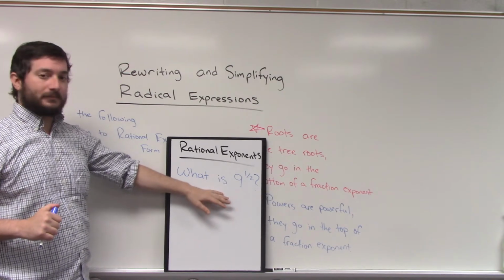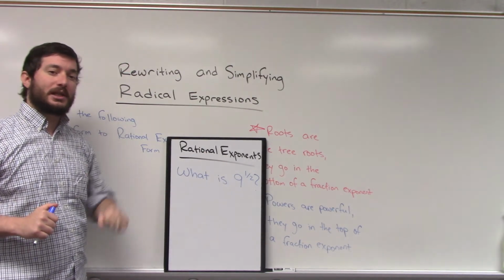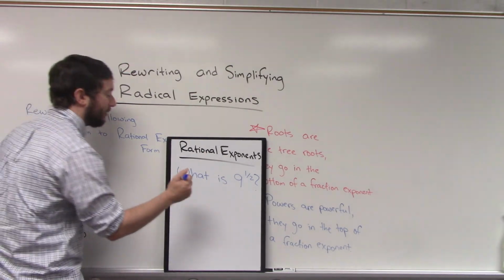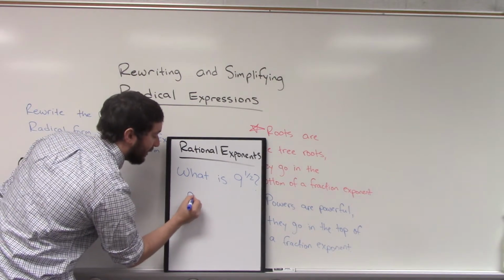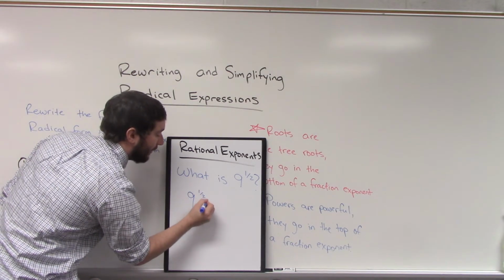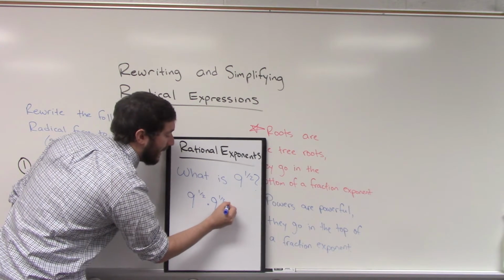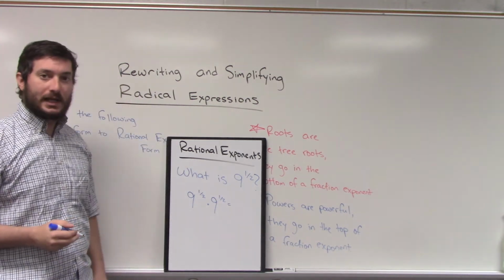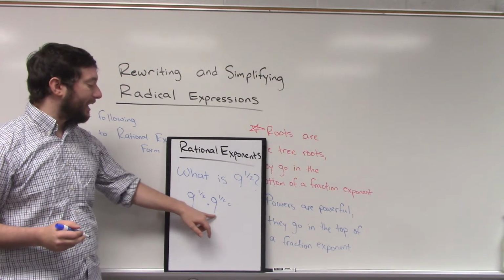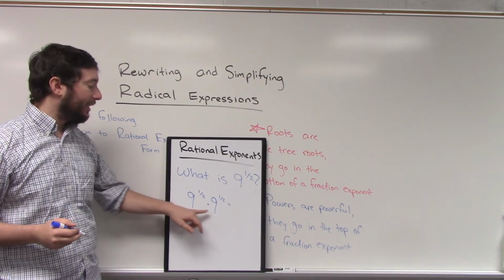Let's consider one of our original rules that we talked about in our first video, and that's the product rule. What I'm going to do here is take 9 to the 1/2 power and multiply it by itself to see what happens. Now, according to the product rule, we have two numbers being multiplied that have the same base, 9 and 9.